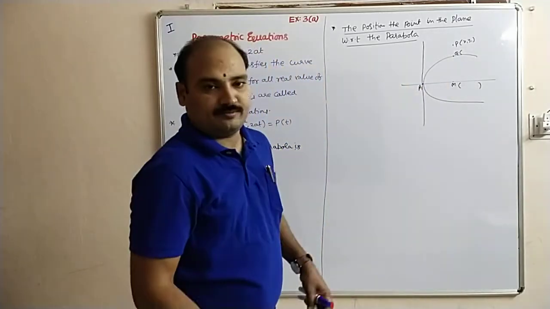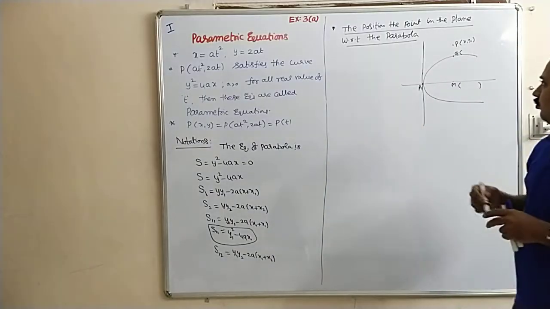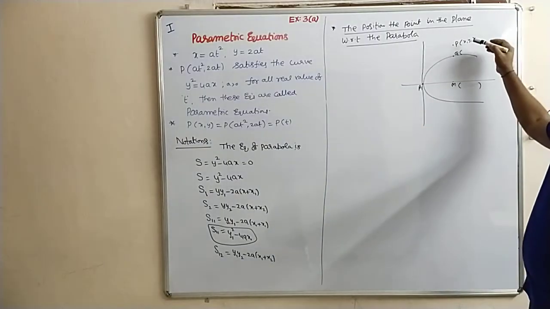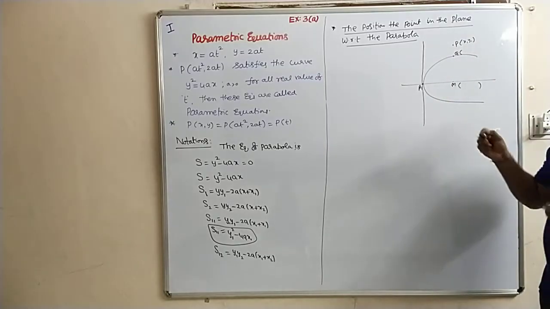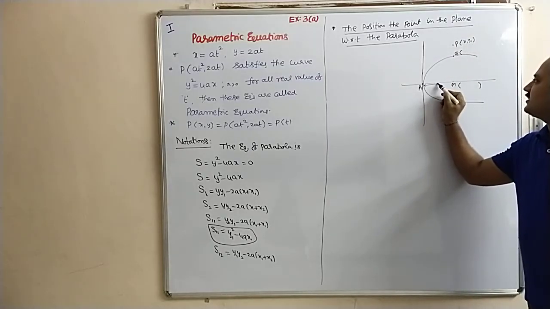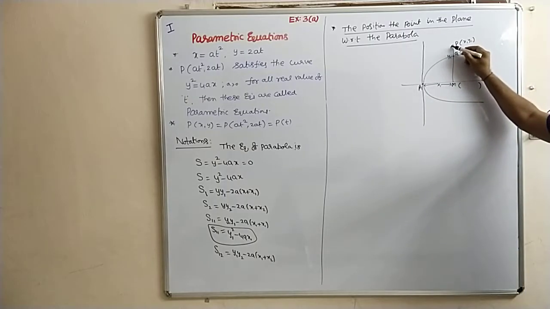This is the vertex of the parabola. Now from this you observe that for the point P of x1, y1, the distance from here to here is x1 only, and from here to here the distance is y1.